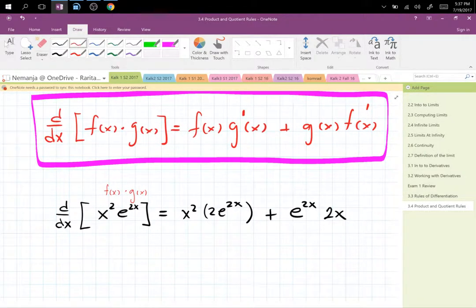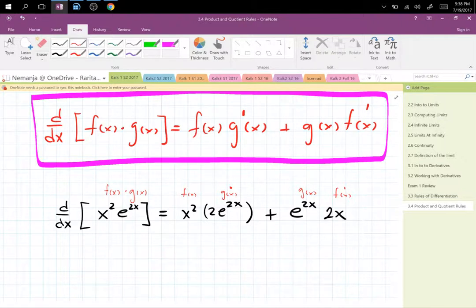So to continue, this is your f of x, this is your g prime of x, this is your g of x, and this is your f prime of x. So do we all see how this works?